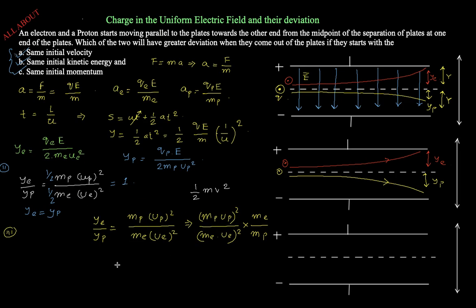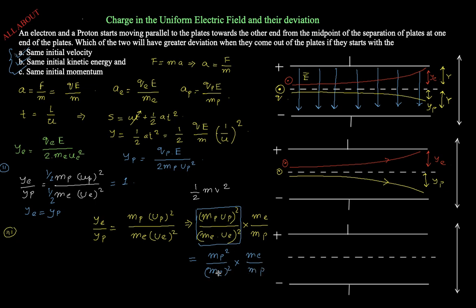So this is the momentum. That means they have the same initial momentum, so this part of the equation is the same, because m into v is the momentum, and m into v whole square means momentum square. So you can say momentum of proton square by momentum of electron square into ME by MP.